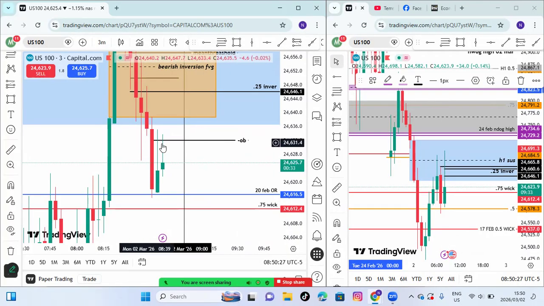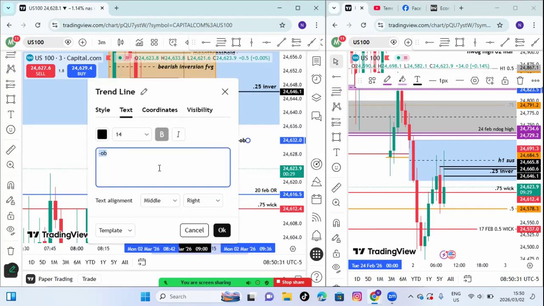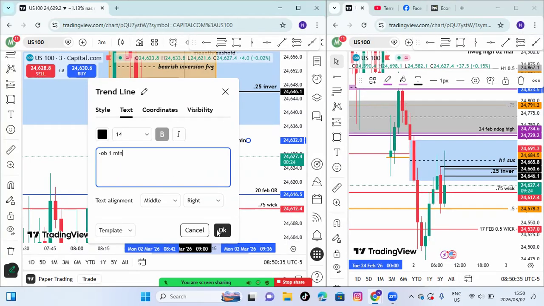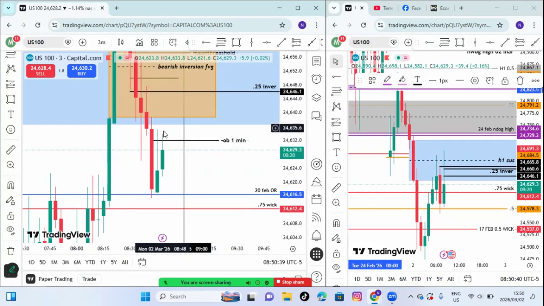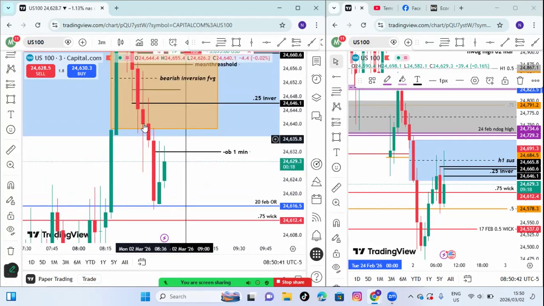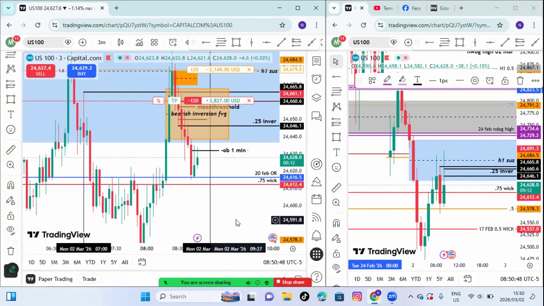Okay. What was I marking here? Oh, this is a one minute. Yeah, this 1 min. On the block there, it's been hit twice. Also, according to the 3 minute, this wick is being respected right there. So let's see.